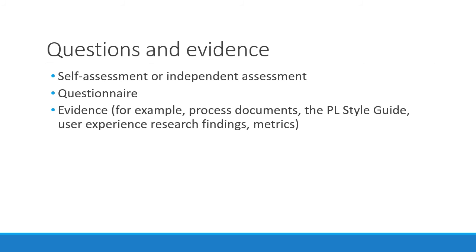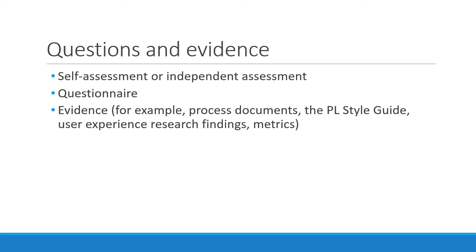Who will determine how mature your organization is in terms of plain language implementation? Who will decide at which level you are for each of these aspects? You can sit together and do a self-assessment, or you could bring in an independent assessor, either from inside your organization or from the outside. And what process should you follow to do this assessment?